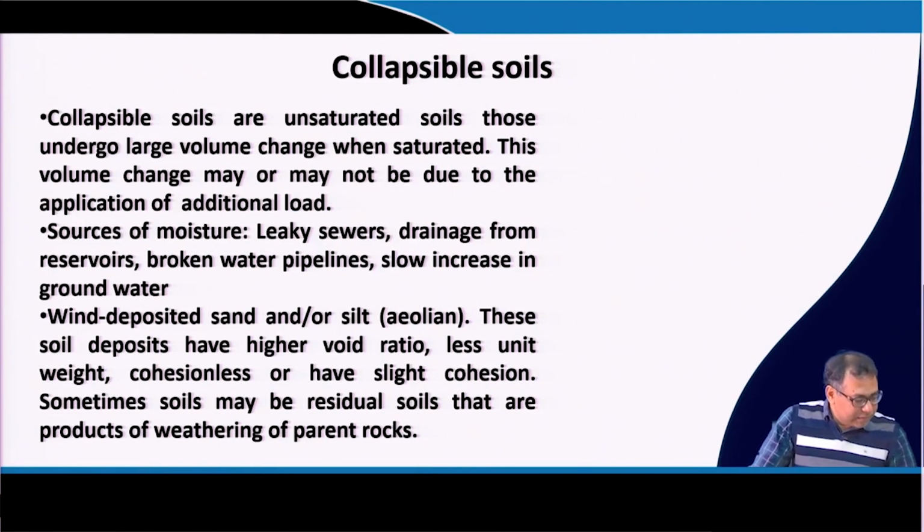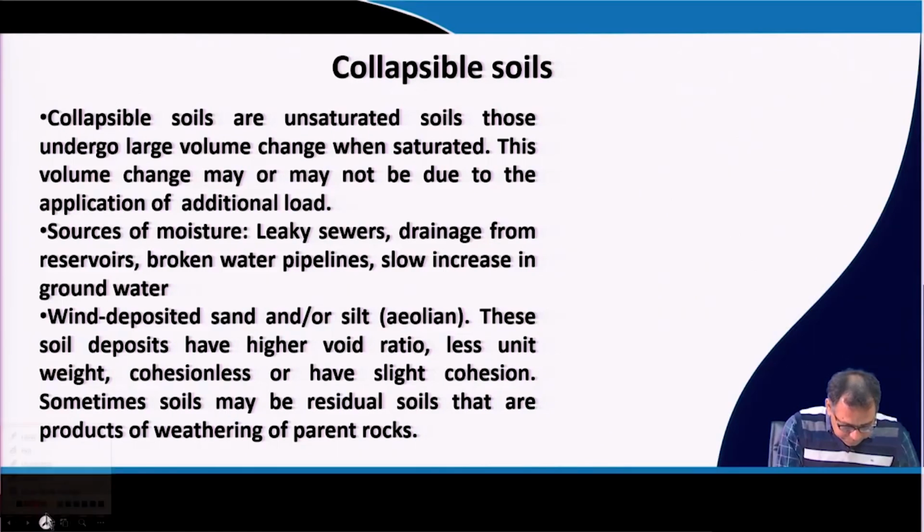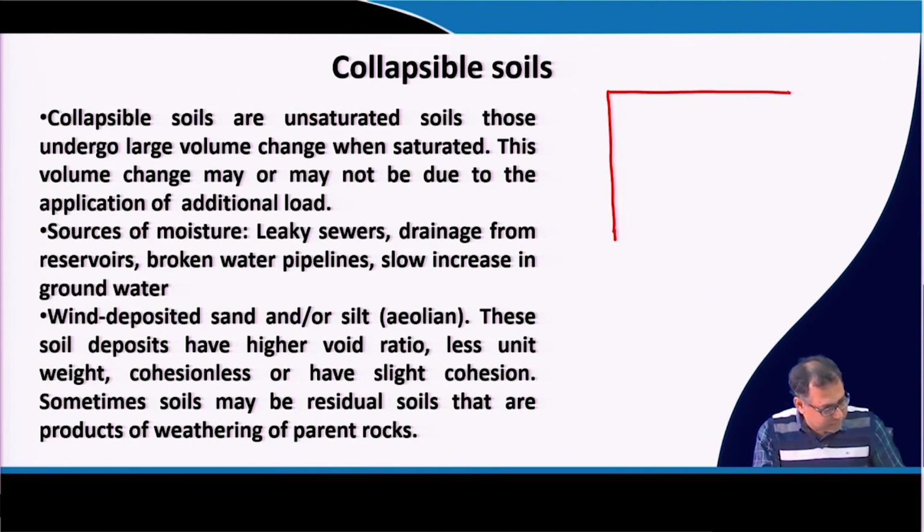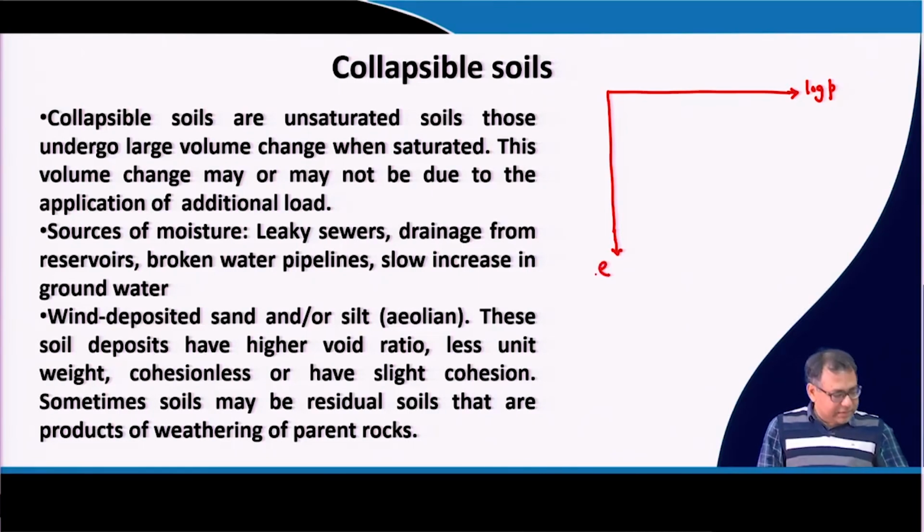For example, suppose we draw the e-log p curve, I mean void ratio and the pressure curve. So, this is the log p axis and this is the void ratio axis.